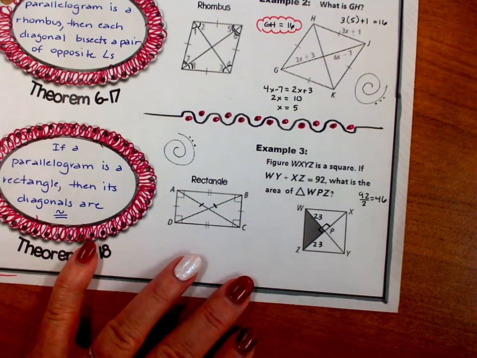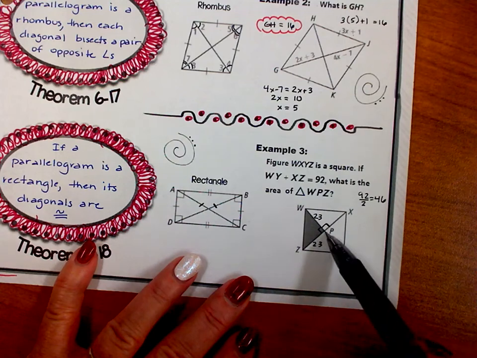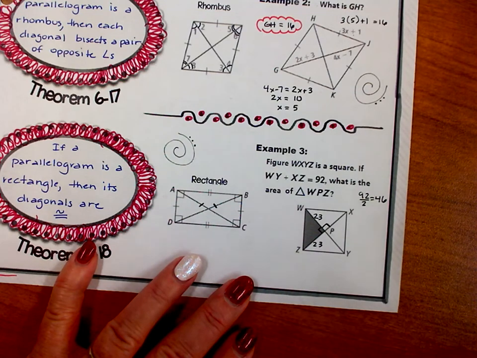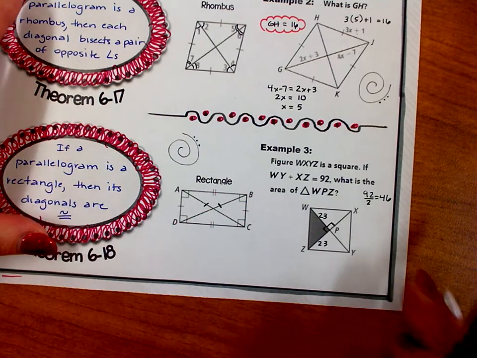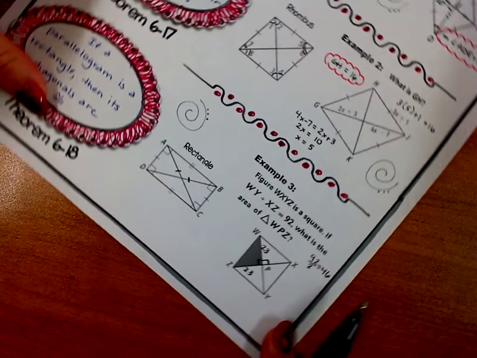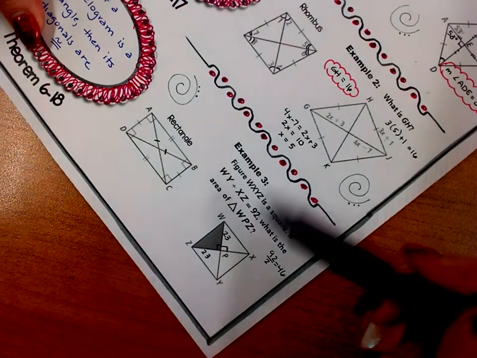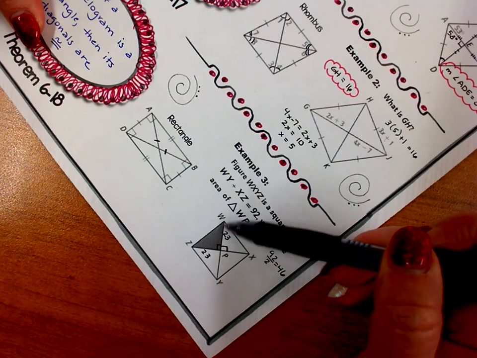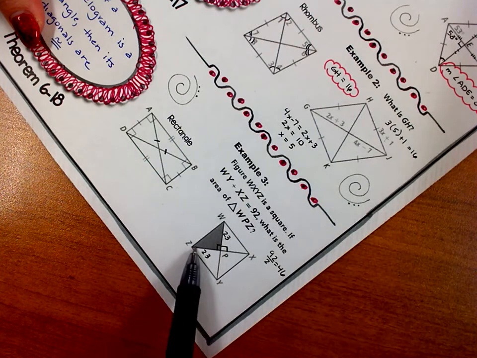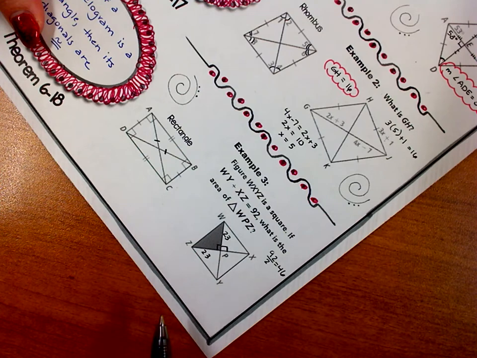Okay, we want to find the area of WPZ. So we want to find this shaded area right here. So first of all, we already know that we have a right triangle. So that means that this is your altitude or your height. This is your base, and the area of a triangle is 1/2 the base times the height.